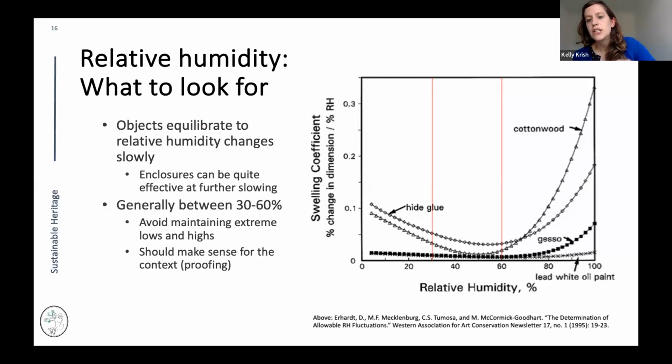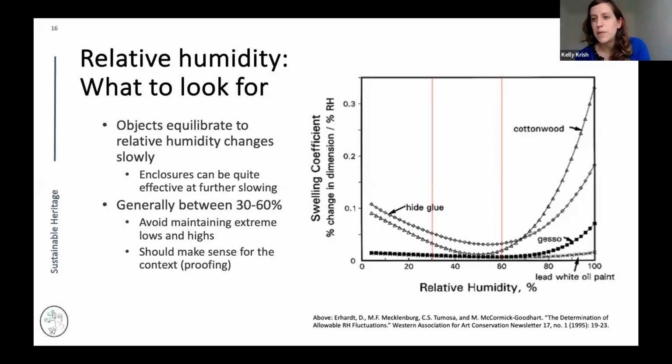So the change in that slope is the smallest possible within that range, and you can see how it really starts to go up quickly once you start getting 80% or up, or 20% or below. So from a mechanical perspective, that's usually a good range.